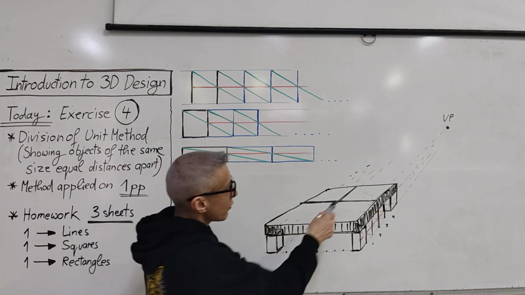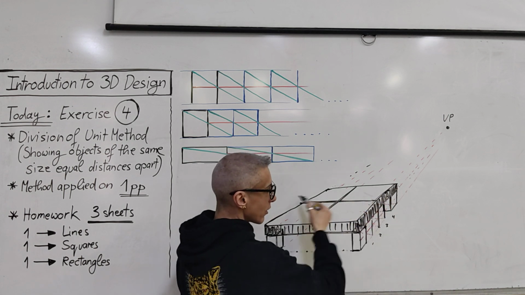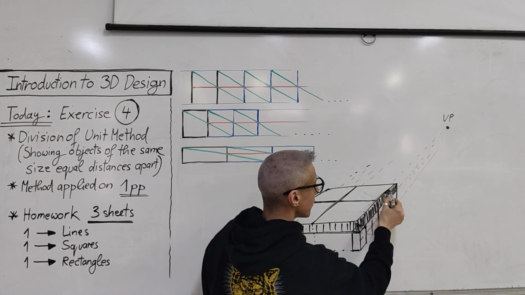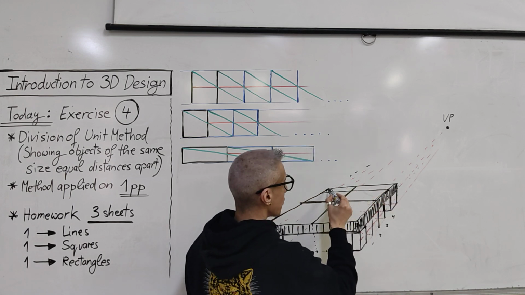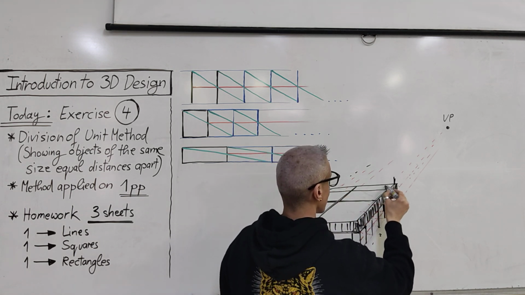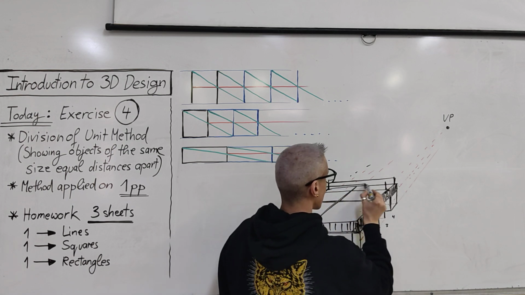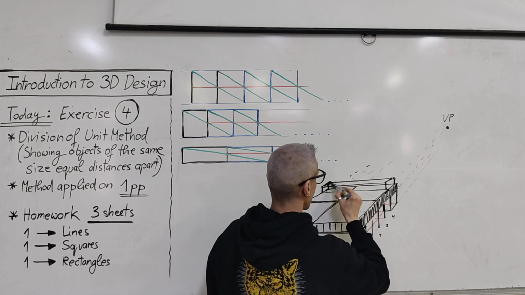Okay, let's say I don't only want the middle, I want here also another line. So any of these objects I can take. I can take from here up this line, find the location of this line. If I want to add, for example, here some detail, let's say, for example, let's go to the vanishing point, this is the vanishing point.